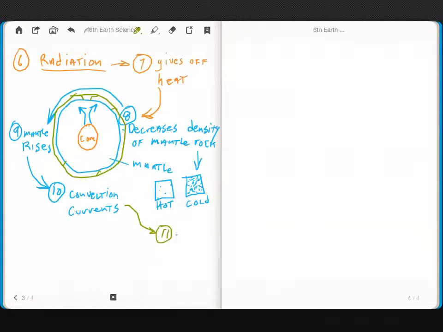The convection currents in the mantle move the plates.